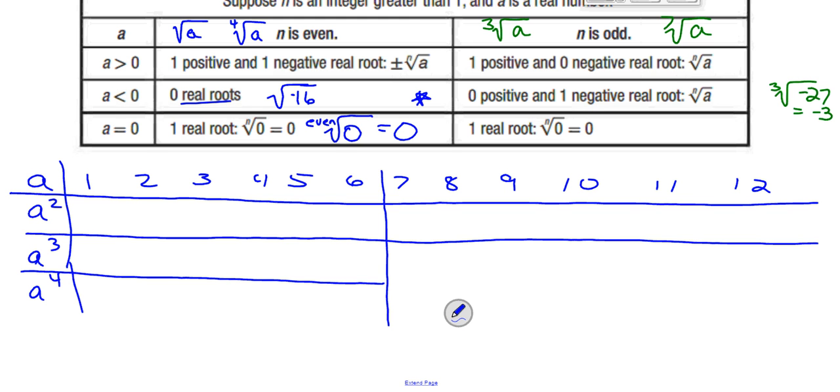So we're just squaring each of those: 1, 4, 9, 16, 25, 36, 49, 64, 81, 100, 121, and 144.